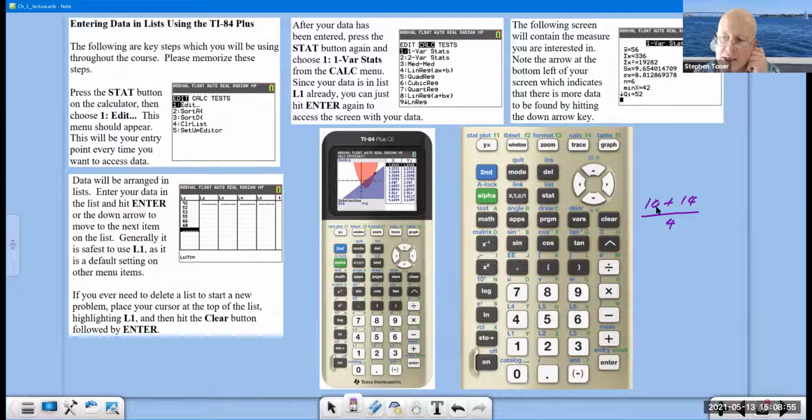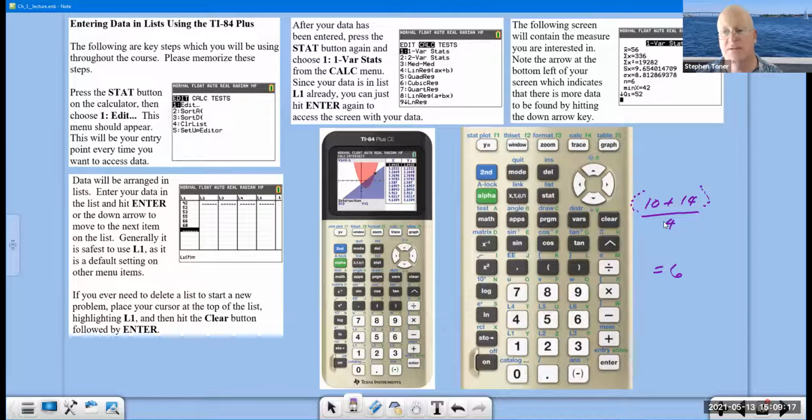Now you know that 10 plus 14 is 24, and divided by 4, we should get an answer of 6. What I didn't mention here is there's an implied parentheses around the numerator, which says, hey, add the numerator first before you do the division.